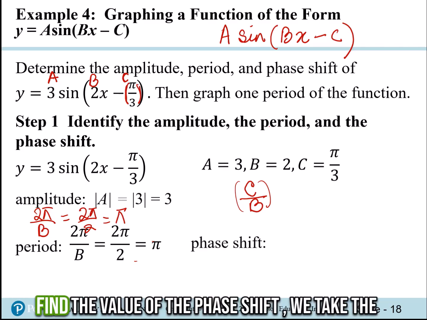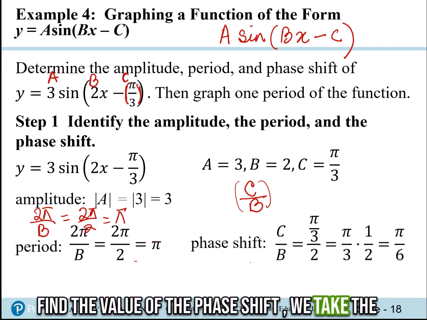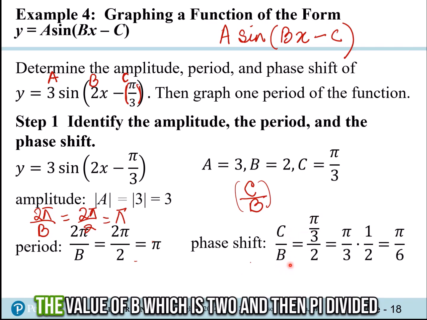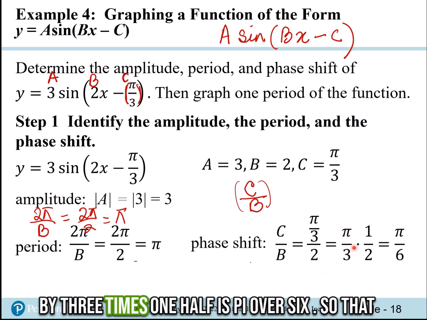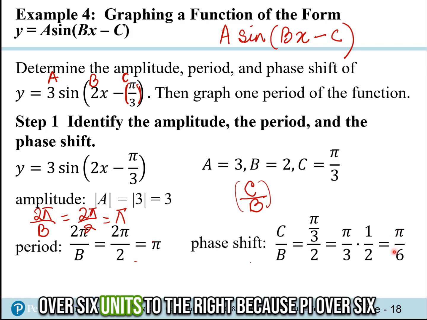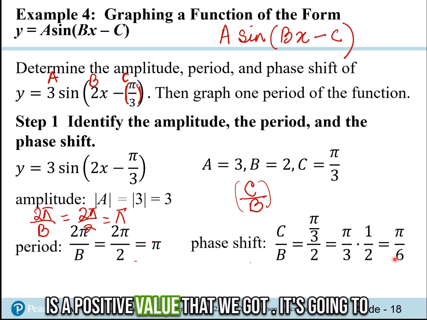Therefore, to find the value of the phase shift, we take the value of C, which is pi over 3, divided by the value of B, which is 2, and then pi over 3 times 1/2 is pi over 6. So that tells us that the graph is going to shift pi over 6 units to the right, because pi over 6 is a positive value that we got.